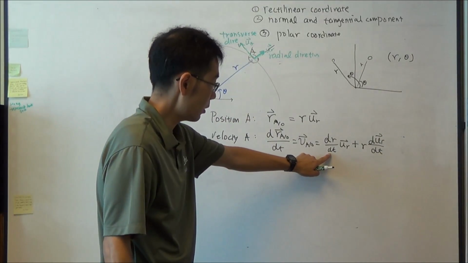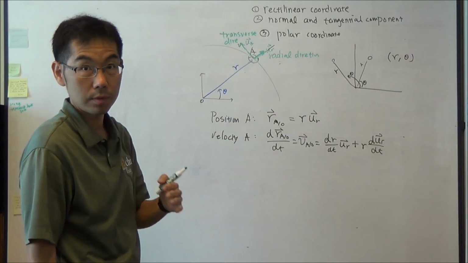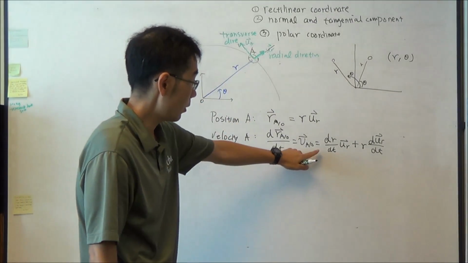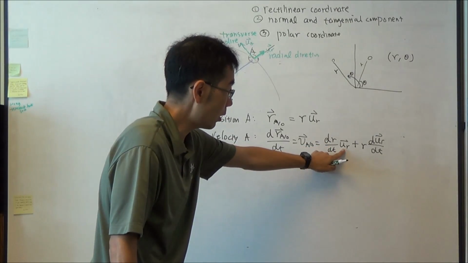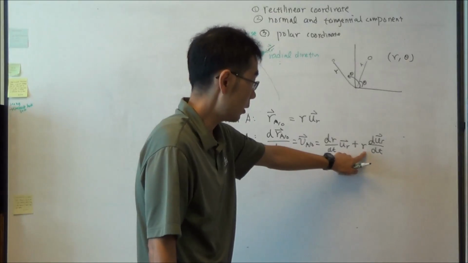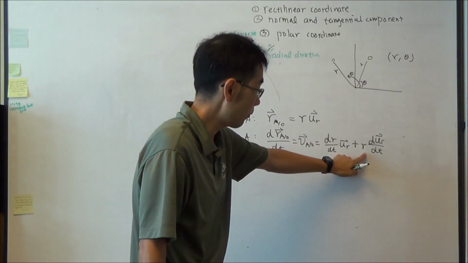So this first part is just r dot. If the radius r is changing as a function of time, we can simply define dr/dt, and this is u_r, and this is r, the length of r at a given time, and du_r/dt.